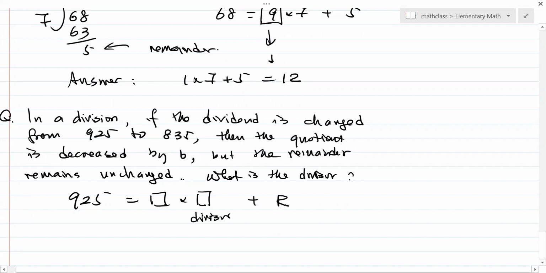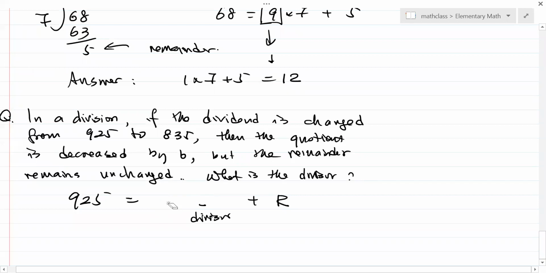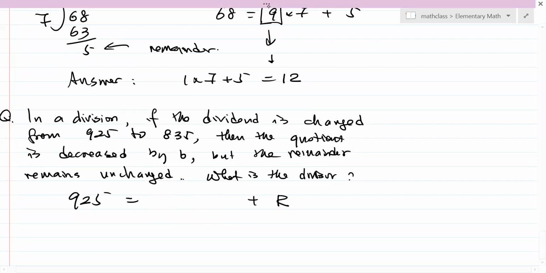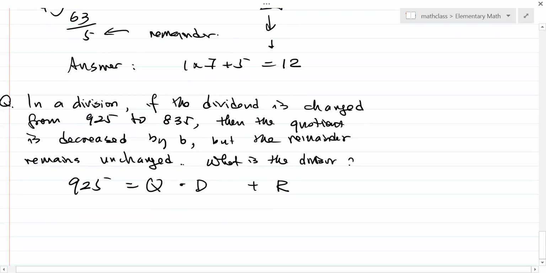Let's use the original one: the quotient Q, and I'm going to use D for the divisor. That's the original one, so lots of unknowns here.